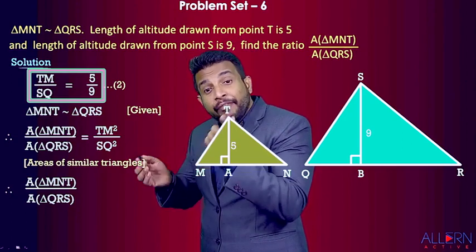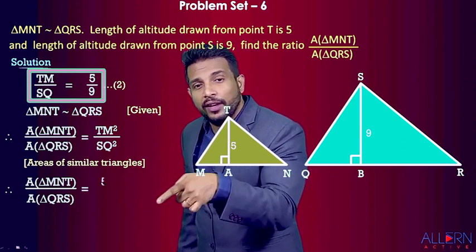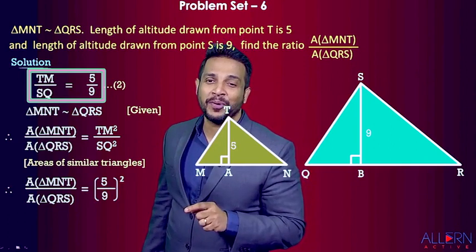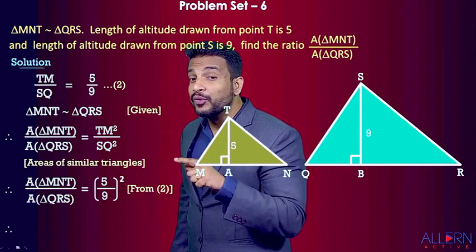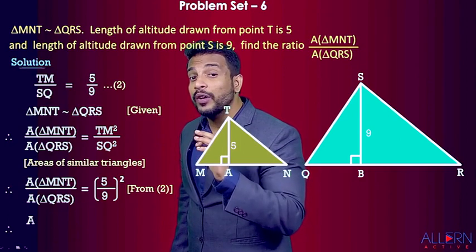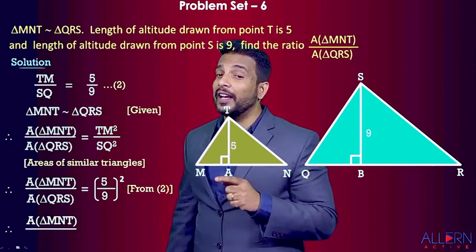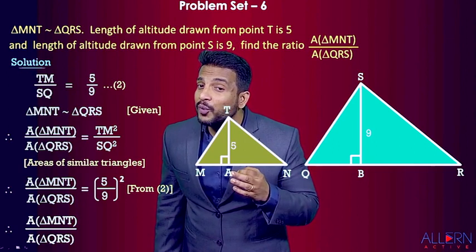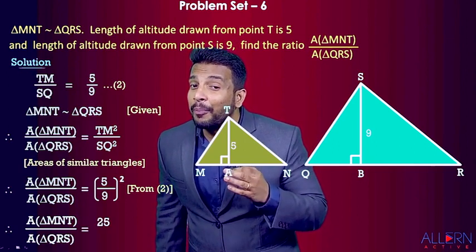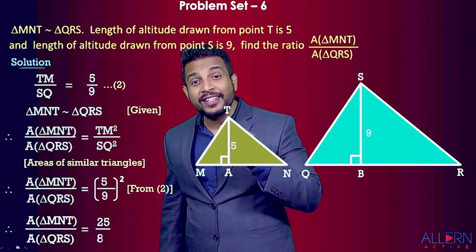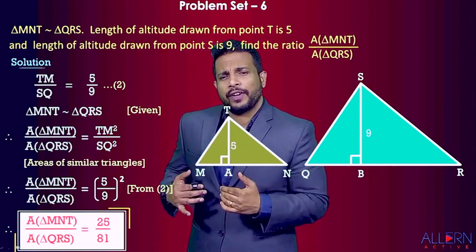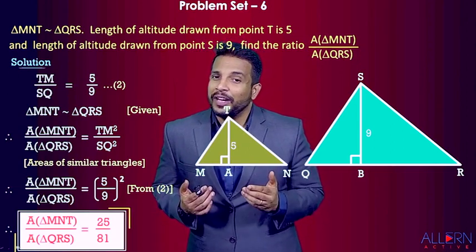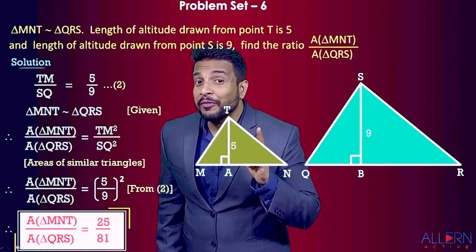That is nothing but 5 upon 9 the whole square. Now we solve it further. 5 square we know is 25. 9 square we know is 81. So area of triangle MNT upon area of triangle QRS is equal to 25 upon 81. And that's the value of the ratio which they were asking. Simple, beautiful sum, very important.